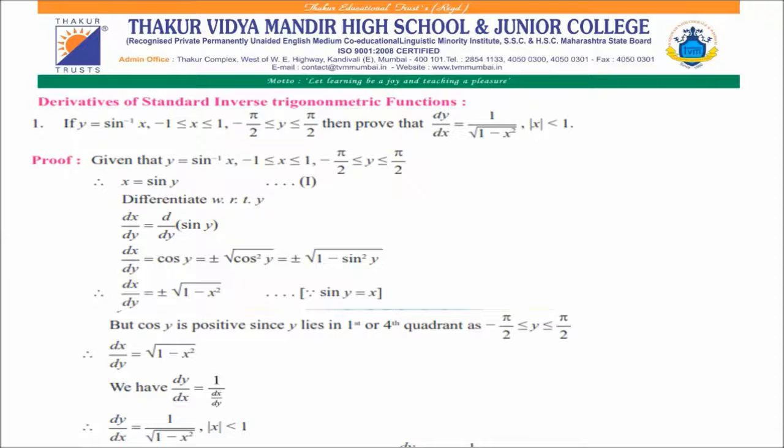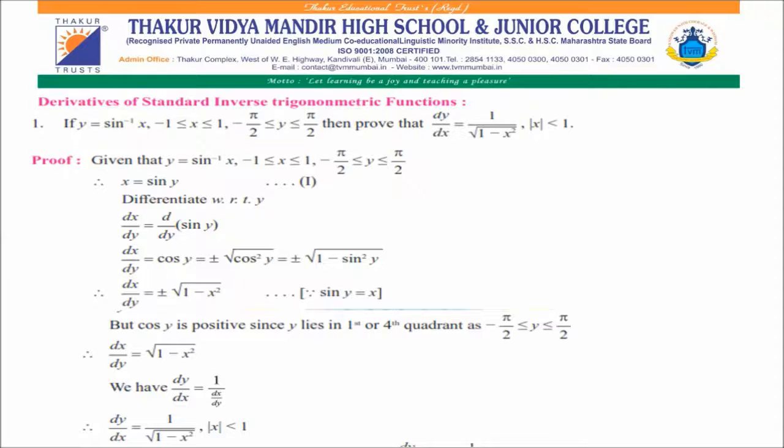So the proof is: given that y equals sine inverse x, we can take x equals sine y. Differentiating with respect to y, we get dx upon dy equals d by dy of sine y. Okay, so the derivative of sine y is cos y.